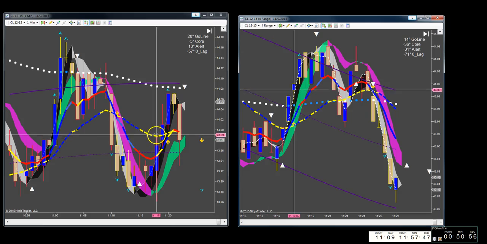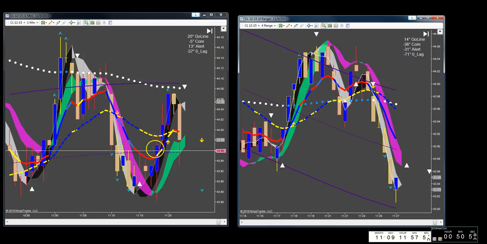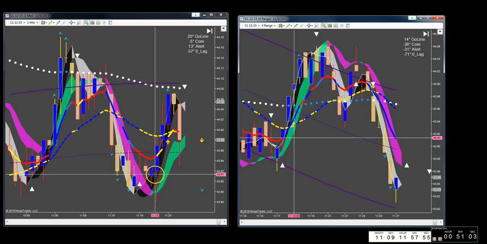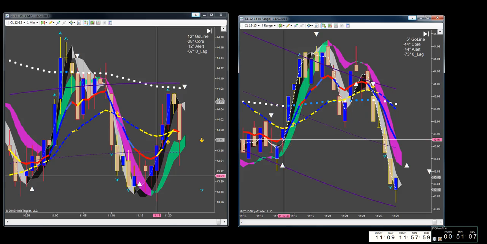But on the 4-range chart, we're getting in there. You could possibly get in there now with confidence. So it's interesting. I like the 4-range charts, but I'm not in the trade as long.